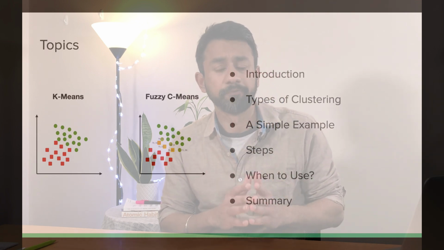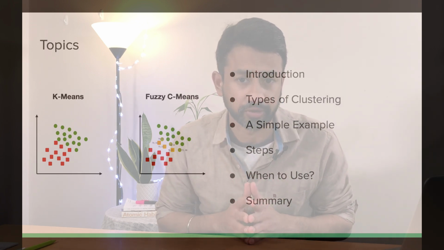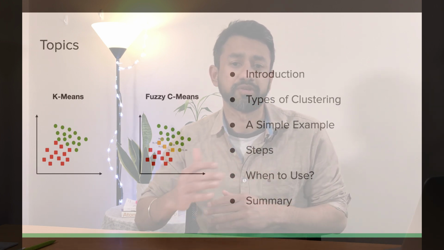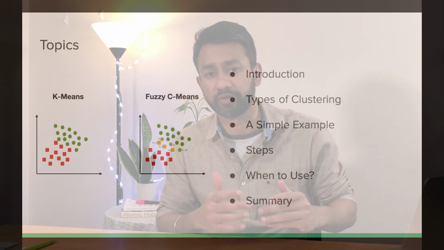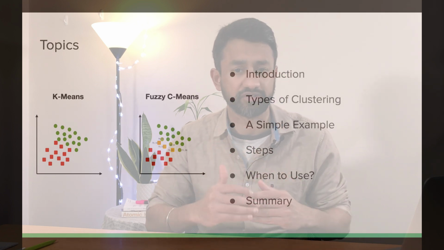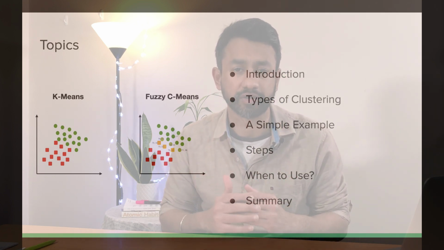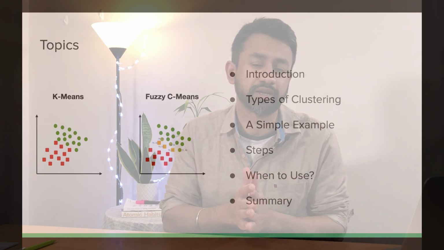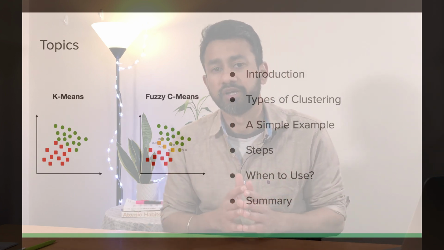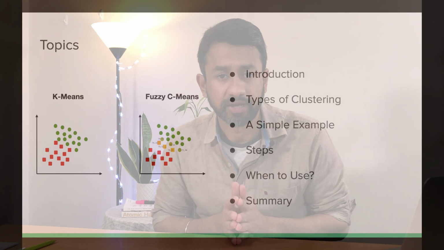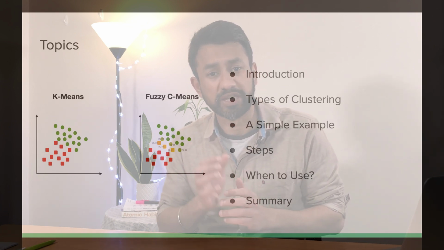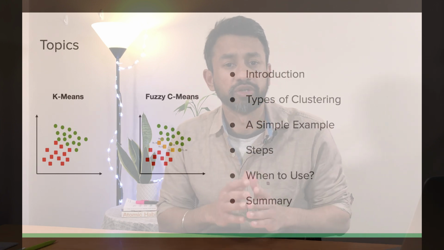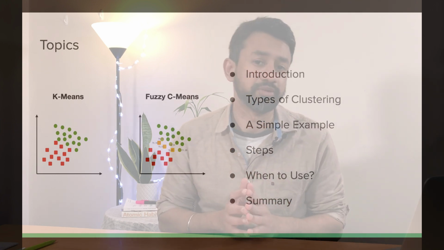Then a simple example for the fuzzy C-means algorithm, how it works, and the steps involved in implementing it, what happens in the backend, and the maths involved. We will also go through when to use this algorithm, and a summary of this topic. In the next session, we will go through the implementation of fuzzy C-means using Python. So let's get into the topic and see more about the fuzzy C-means algorithm.